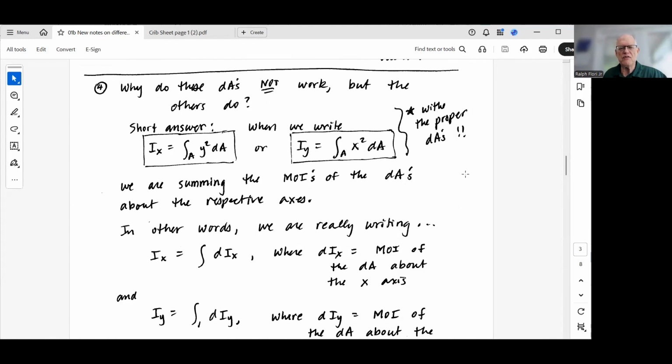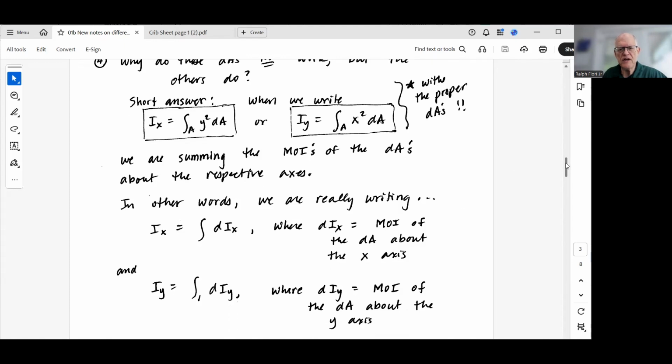And so the most fundamental equations that work for all dAs at every orientation are these. Ix is the integral of dIx, where dIx is the moment of inertia of the dA about the x-axis.